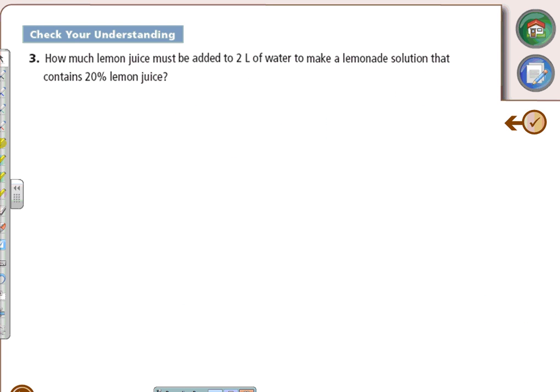All right, so the next one is proportions or ratio problems. How much lemon juice must be added to 2 liters of water to make a lemonade solution that contains 20% lemon juice? Well, let's get a let statement first. Let's use V for volume, because I want to know how much lemon juice must be added.